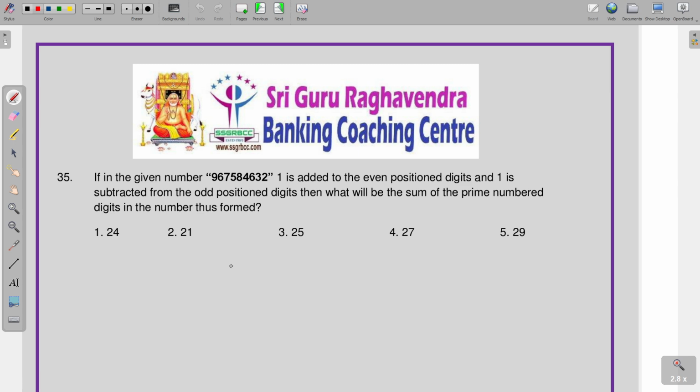In the given number 967584632, 1 is added to the even positioned digits and 1 is subtracted from the odd positioned digits. So, first of all, 1 is added to the even positions: 7, 6, 5, 4.